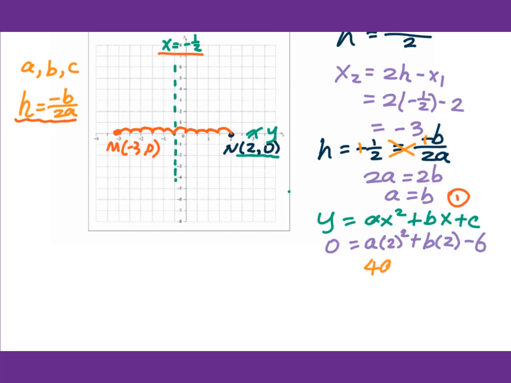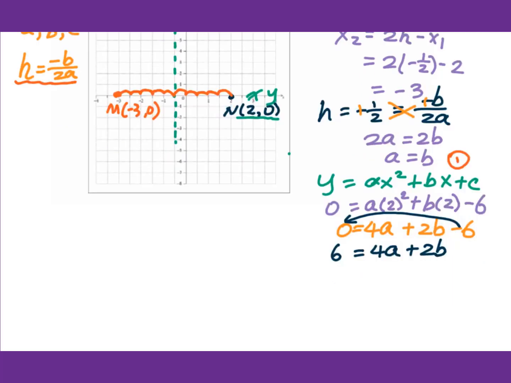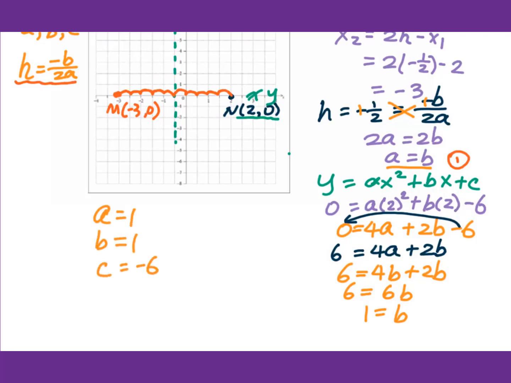You will get 4a plus 2b minus 6 equals 0. Move this 6 to the left side. You will get 6 equals 4a plus 2b. Then I use a equals b and plug in. You will get 4b plus 2b equals 6. 6b equals 6. Therefore, b equals 1, which means a equals 1, b equals 1, c equals negative 6.